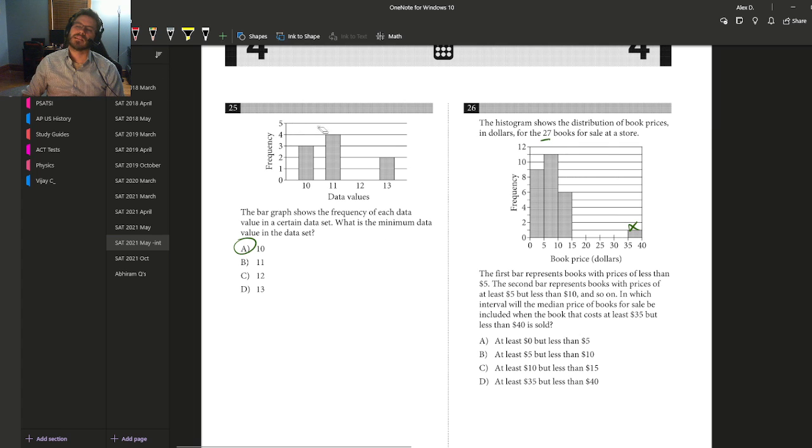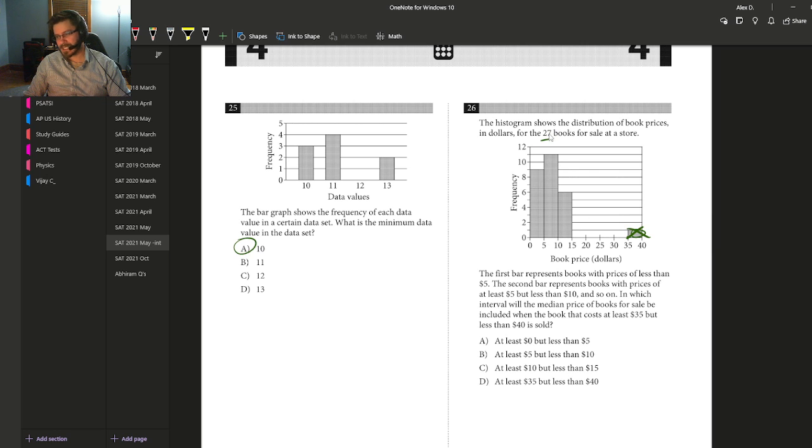Okay. That is a really difficult to parse phrase. So, in which interval will the median price of the books for sale be included when the book that costs that much is sold? So we're selling this book. This is bye-bye. So in which interval will the median be when this is sold? So where's the median?